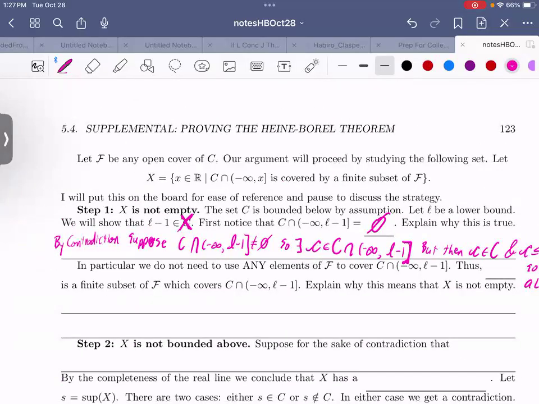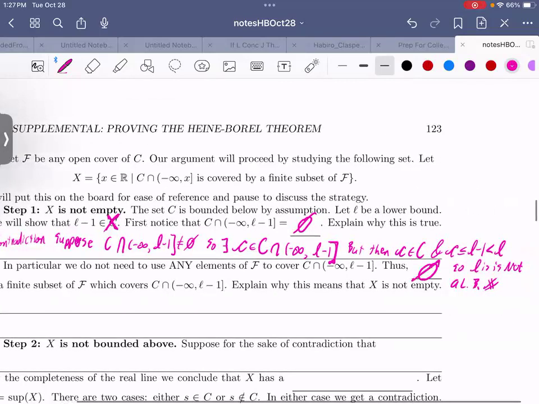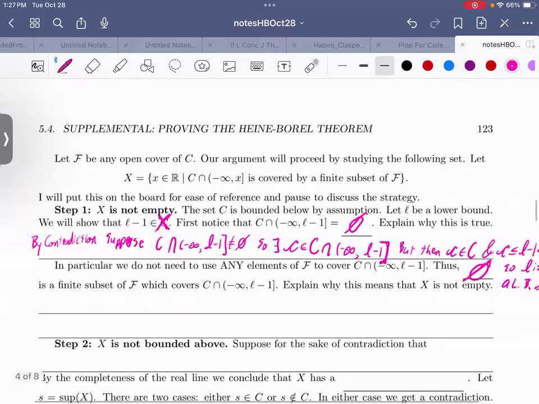So that means we don't need to use any elements of math cal F to cover this thing. Thus, the empty set is a finite subset of F. And let's just check that. The empty set is a finite subset of everything. Does it still cover? Yeah, there are no elements in that thing to cover.